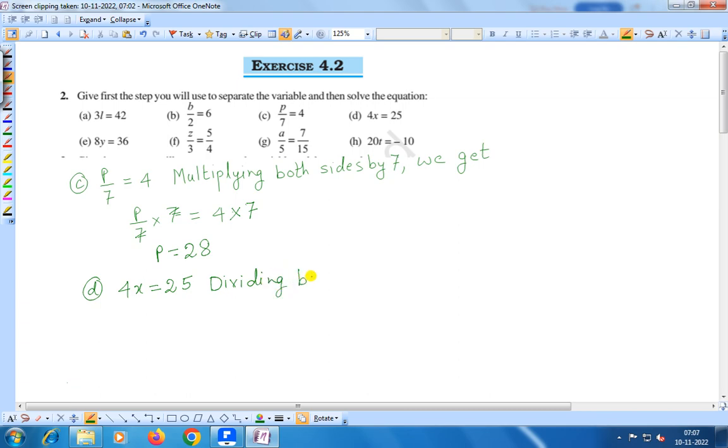Dividing both sides by 4, we get 4x by 4 is equal to 25 by 4. This 4 will be cut. Therefore, x is equal to 25 by 4. Right? Now we'll solve question number E.